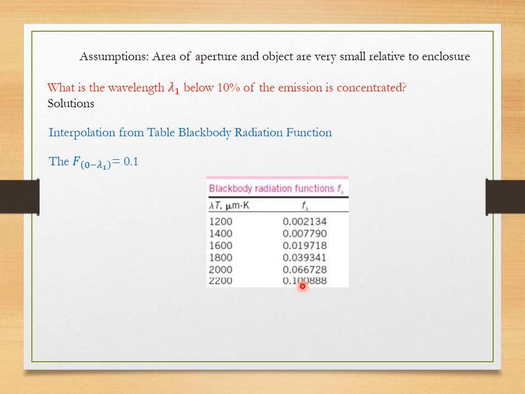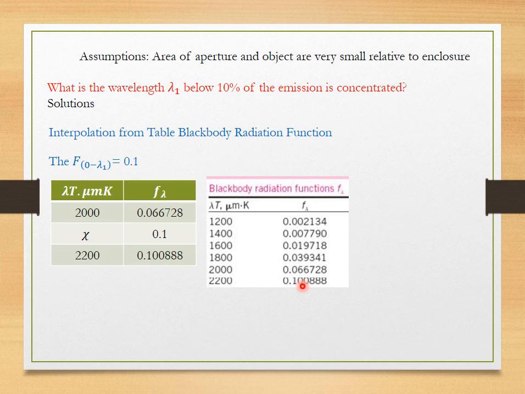So by having this information, we need to do the interpolation from the table of blackbody radiation function. From this table, we extract 2000 equal to 0.0666728, and x, which is what we want to determine, but the function is 0.1, so we put 0.1.